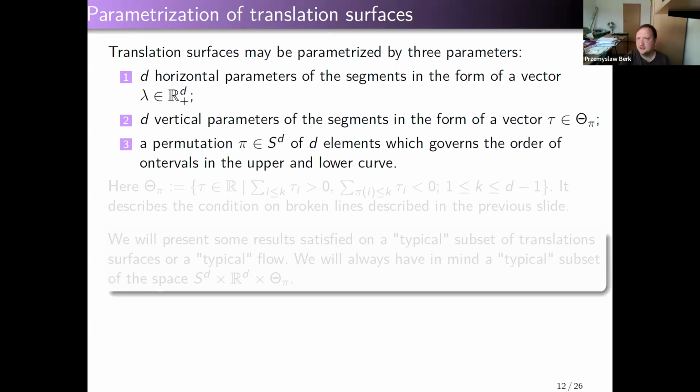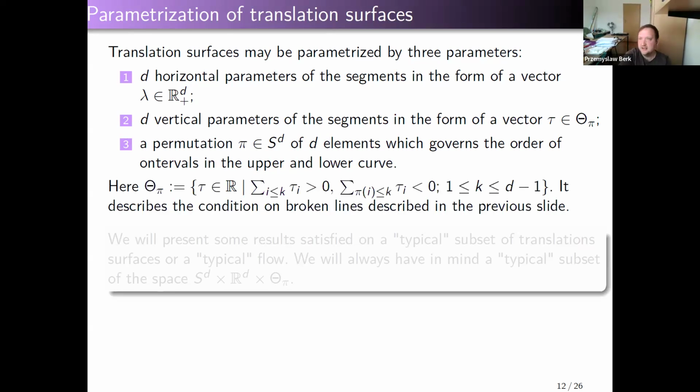The vertical parameter comes from the mysterious space theta pi, but this space is given by a condition, which I told you about: we want the upper curve to be in the upper plane and the lower curve to be in the lower plane. There is nothing deeper than that.